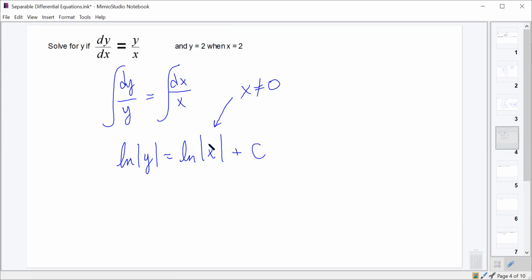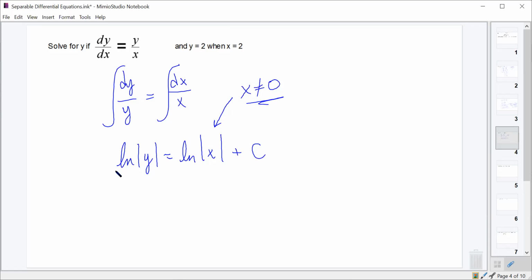We may not have this natural log anymore, but as soon as we integrated, we had a restriction on the equation that we got. And just because if we simplify for y, that restriction disappears, doesn't mean we can ignore the fact that it did have that restriction. Okay, so always check if there are any restrictions on your x values immediately after you integrate and as you go through to the end.